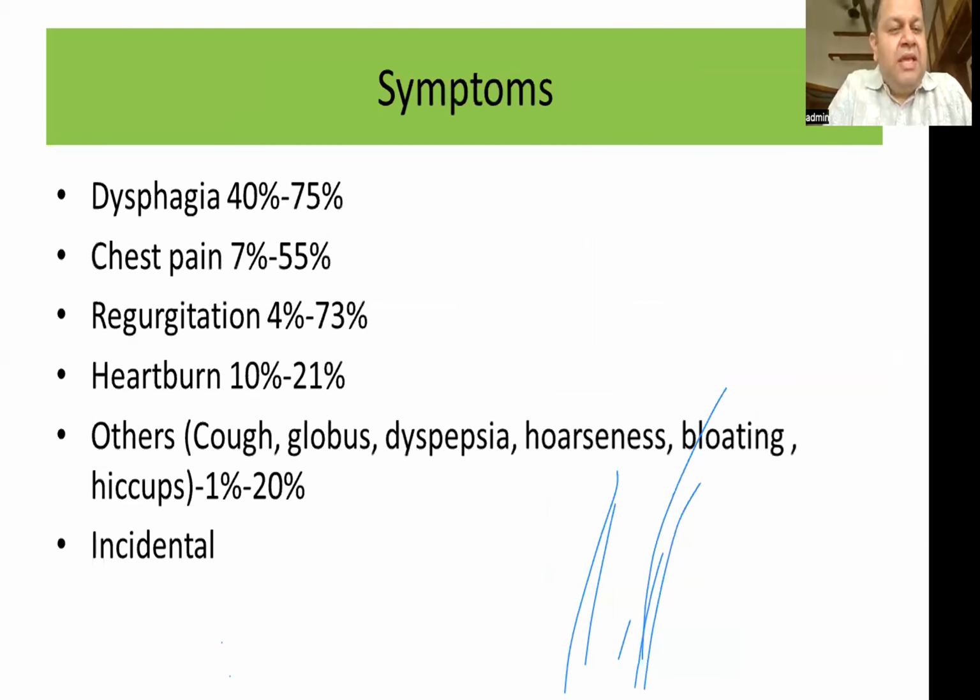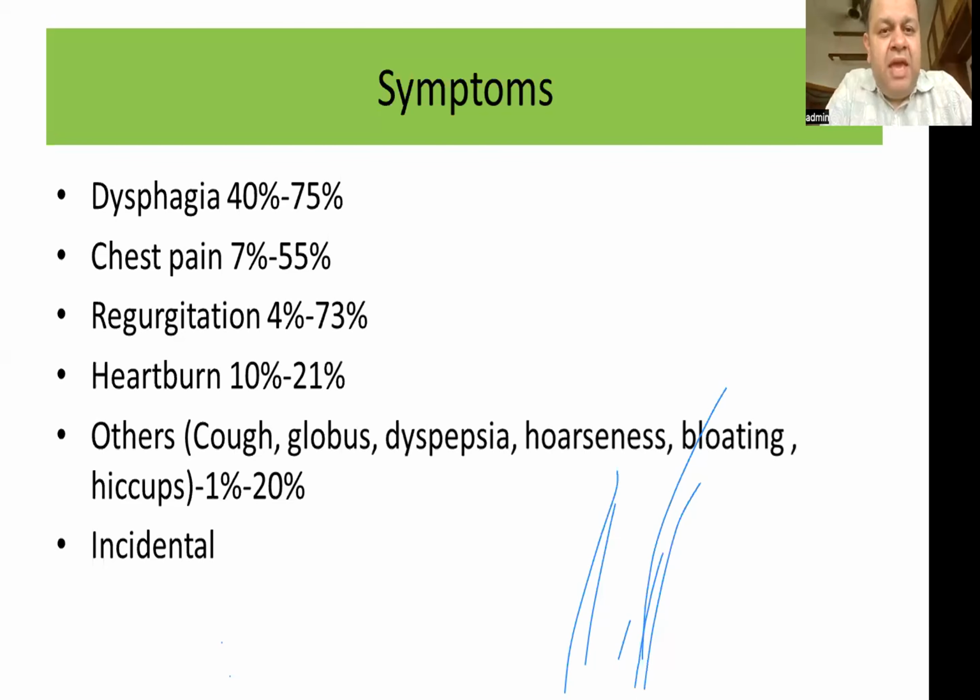The symptoms, like in all esophageal diseases, are mainly 4 cardinal symptoms, that is dysphagia, chest pain, regurgitation, and heartburn, which can occur in varying frequencies. Different case reports have reported different frequencies of symptoms, but it is important to remember that dysphagia and chest pain are the commonest symptoms of EGJ outflow obstruction.